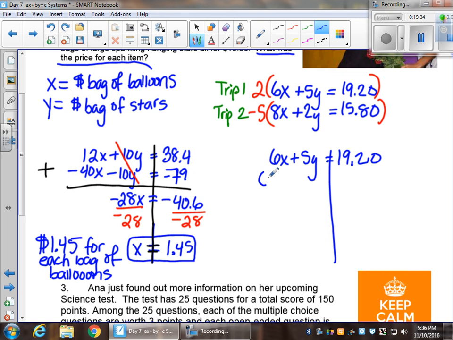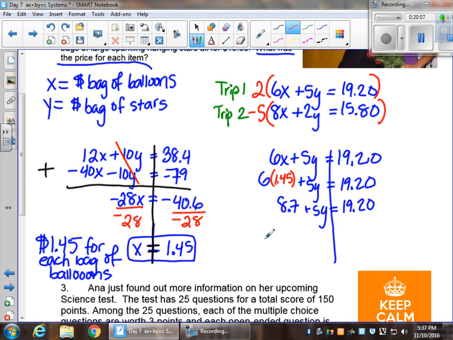Where I see x, I will substitute in 1.45. 6 times 1.45, using my calculator, I get 8.7, plus 5y equals 19.20.